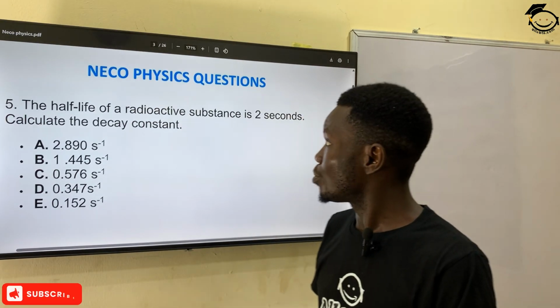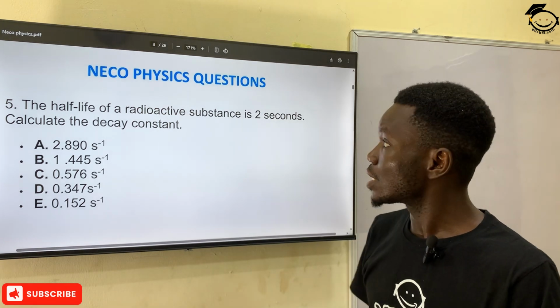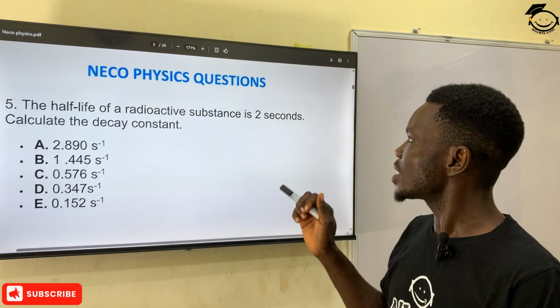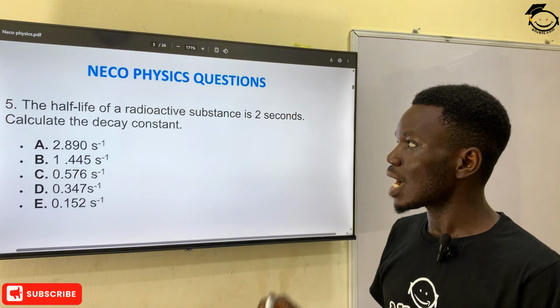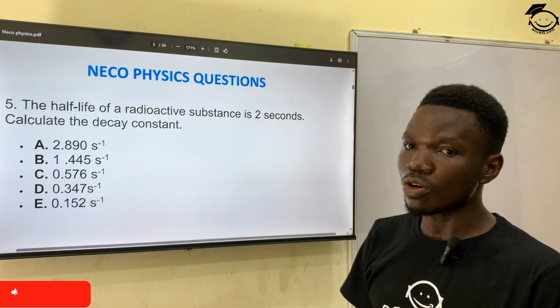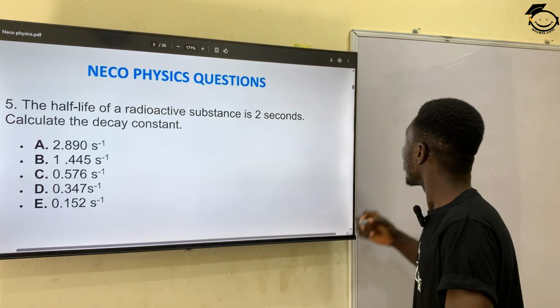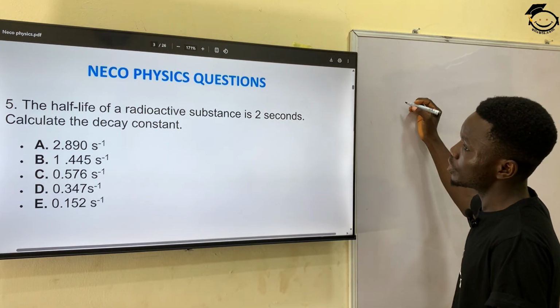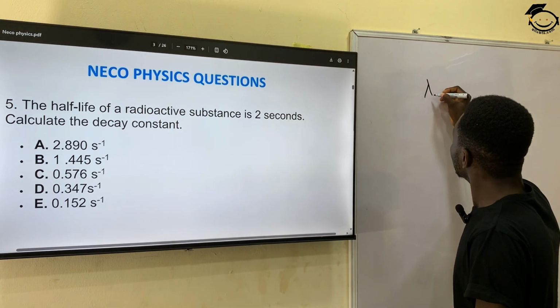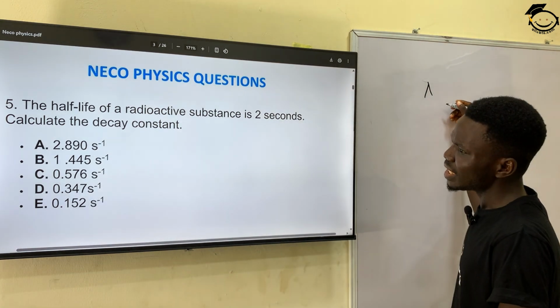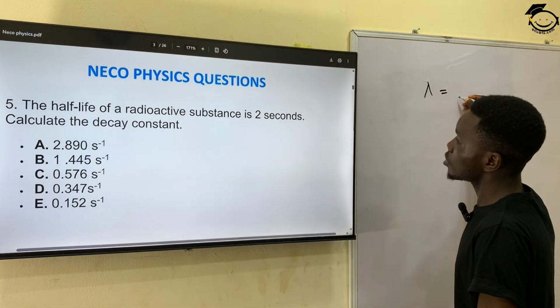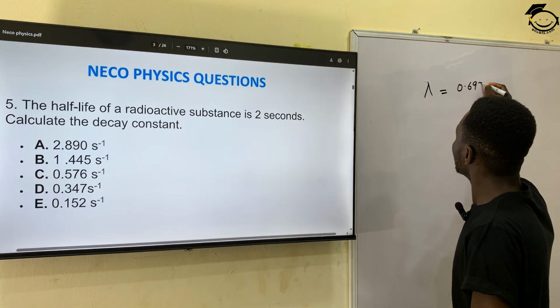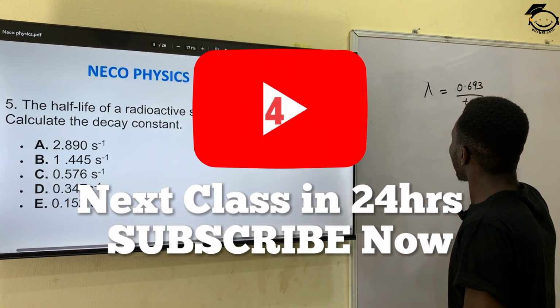Moving on to question number 5. Question number 5 says the half-life of a radioactive substance is 2 seconds. Calculate the decay constant. We know from what we've done on half-life, on radioactivity, that the decay constant is always equal to 0.693 over your half-life.